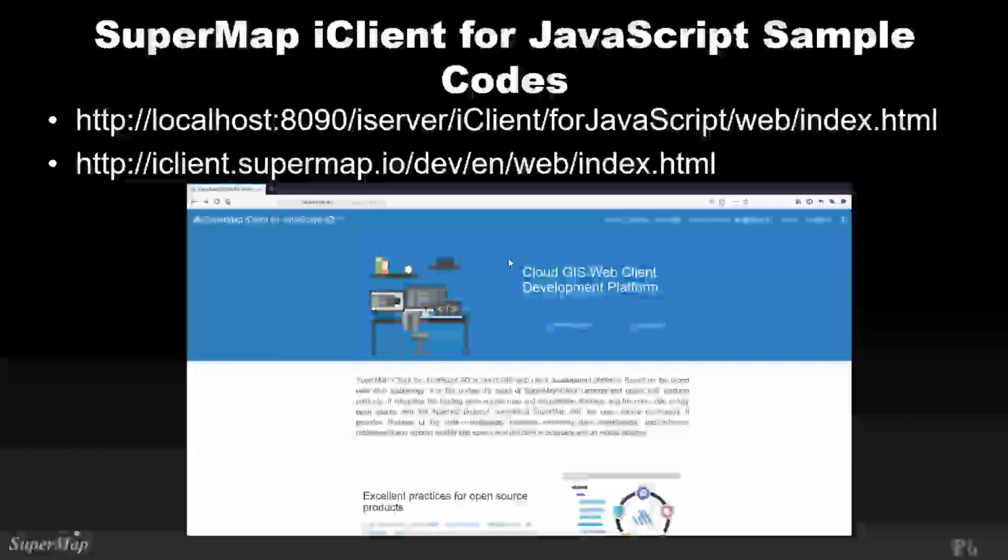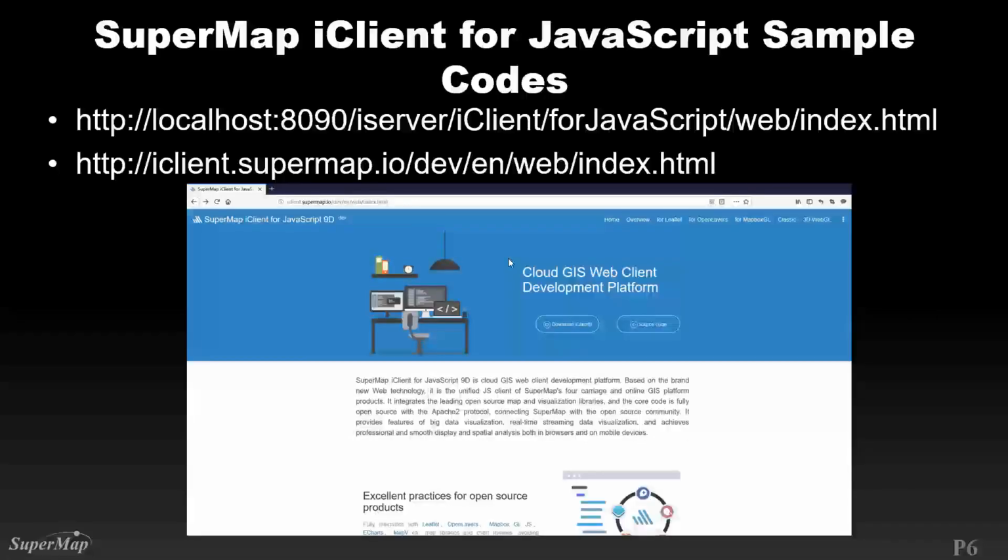If you do not have iServer locally installed, you can access the demo programs from our official website. As we mentioned earlier, iClient for JavaScript is a client development toolkit for Cloud GIS. It's fully open source, and the source code can be downloaded from GitHub or OSGeo.